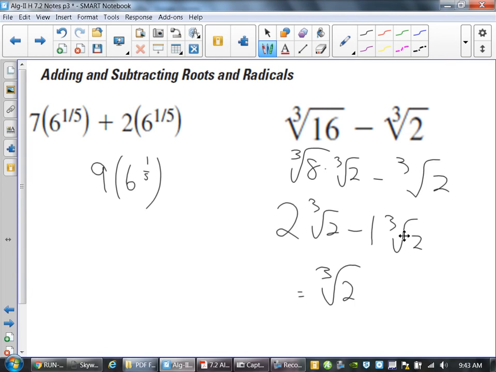But when you're doing the cube root, you're looking for the perfect cube. So what's 4?